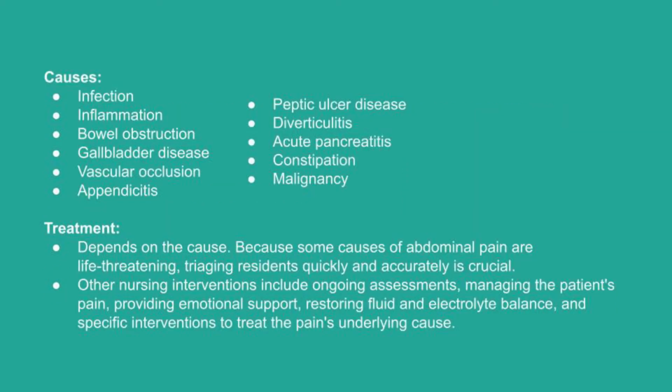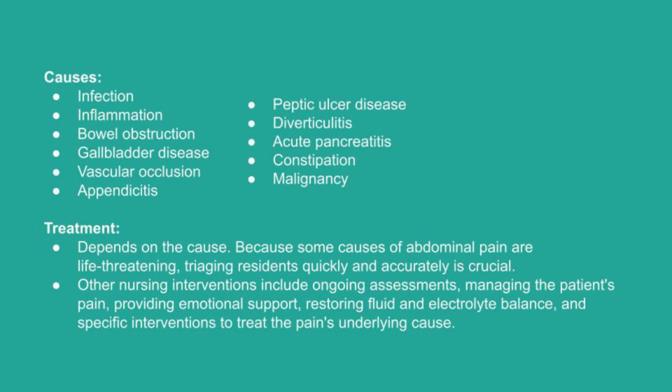Now, there can be many causes such as infection, inflammation, maybe a bowel obstruction, gallbladder disease. There can be a vascular occlusion, maybe appendicitis, a peptic ulcer disease or a ruptured ulcer, diverticulitis, acute pancreatitis, constipation, and even cancer, a malignancy.